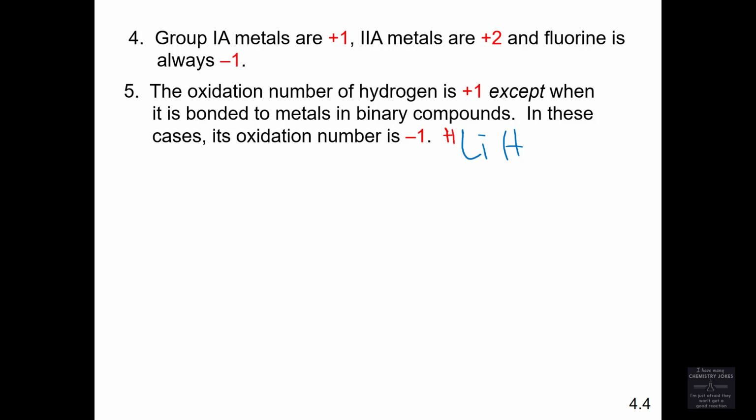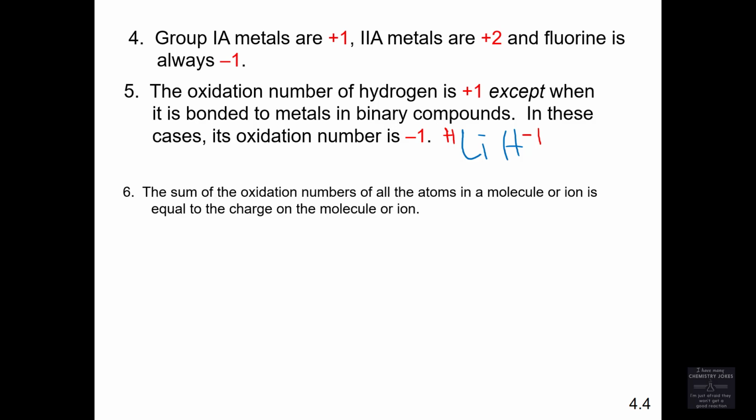So in order for this to be a 0 charge, and it has to be a 0 charge because there's no charge indicated up top, hydrogen must be a -1. If it's potassium hydride, potassium is +1, hydride -1. Other than being combined with metals like lithium and potassium, hydrogen's a +1.